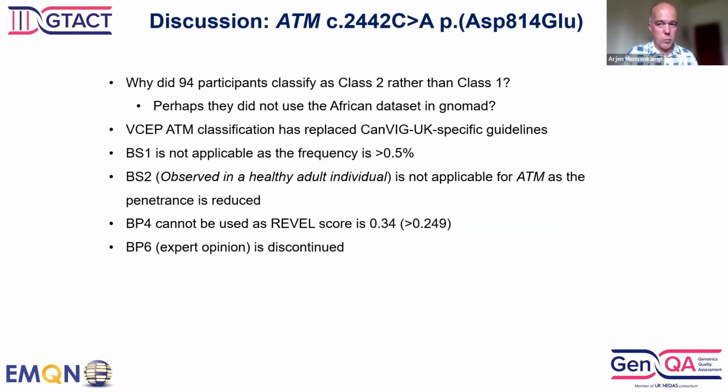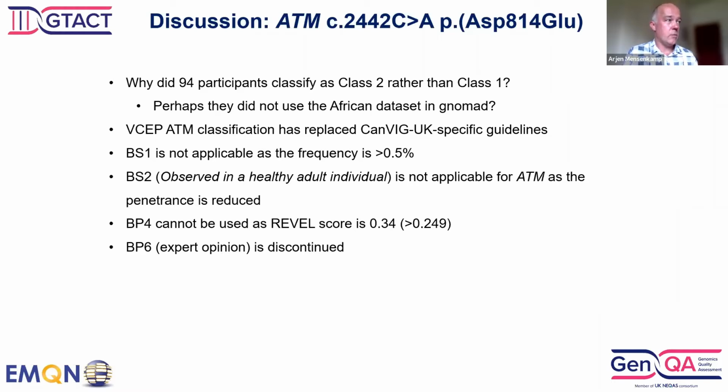There is always some debate about what kind of data set you can use for classifying for BA1. The African population's sample size is quite big and is normally large enough to make a classification like this. But 2.5% in that population is over 0.5%, and that is specified in the ClinGen Variant Curation Expert Panel for ATM, an expert panel effort on ATM breast cancer variation.